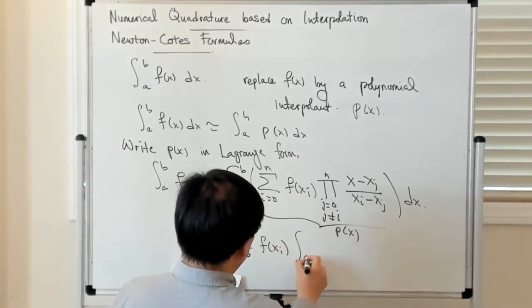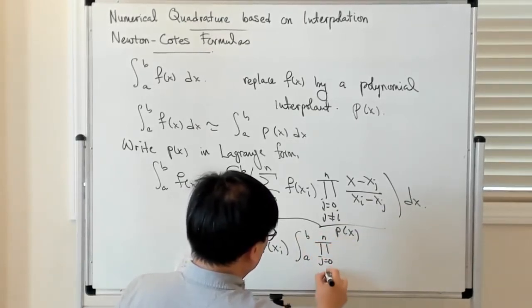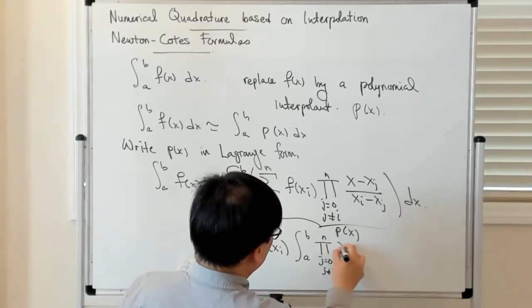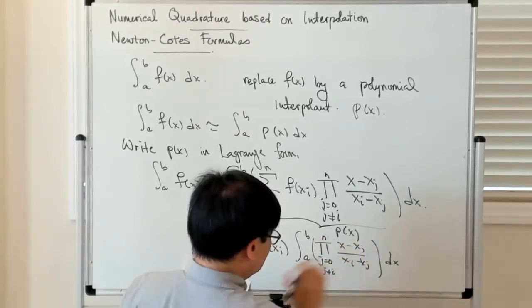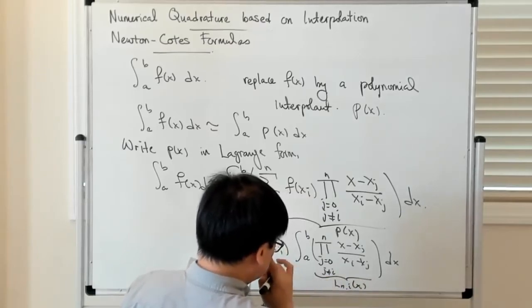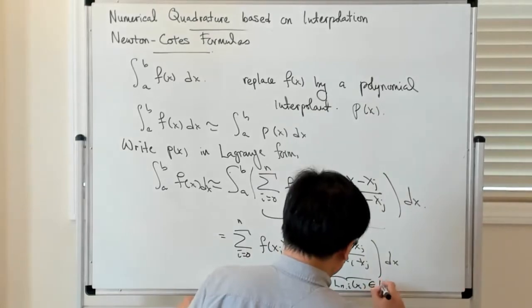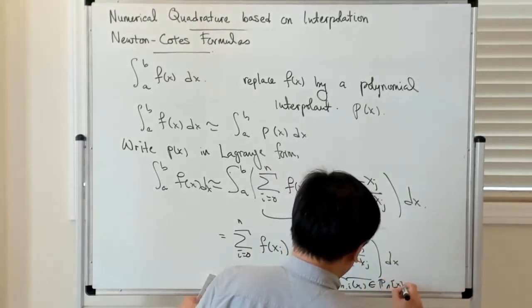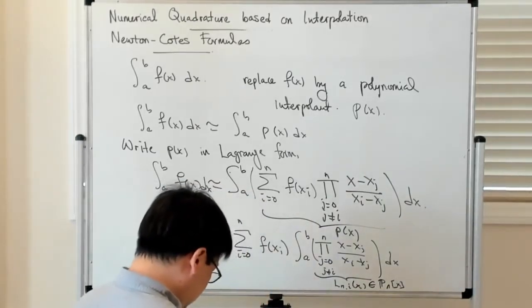Then there's an integral from a to b of the product from j equals 0 to n, j not equal to i, of x minus xj over xi minus xj. As we discussed before, this is the Lagrange polynomial, often denoted L n,i of x, and that is a polynomial of degree n in x. So that's obviously something which you could integrate analytically.